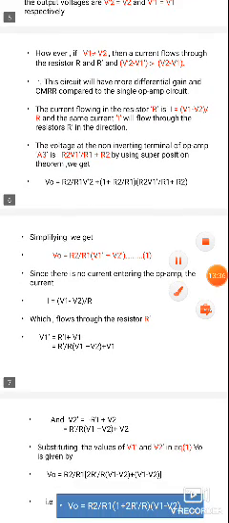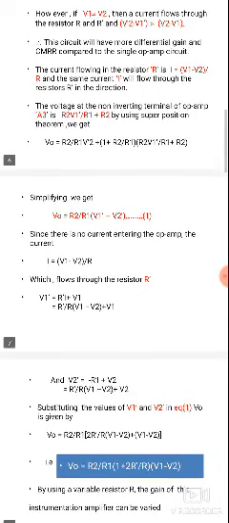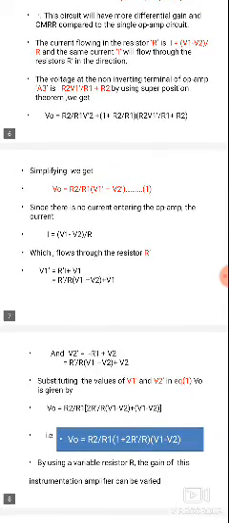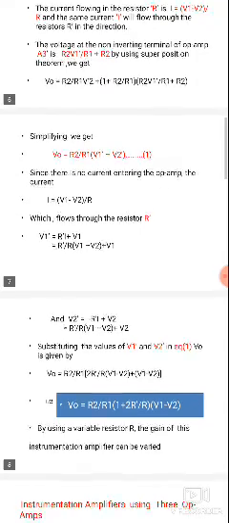The voltage at the non-inverting terminal of op-amp A3 is R2 V1 dash by R1 plus R2, using the superposition theorem. In the superposition theorem, one input is considered while the other input is set to 0, and then in the second case the other input is considered while the first is grounded. Finally, we add both. So the voltage at the non-inverting terminal of op-amp A3 is R2 V1 dash by R1 plus R2.